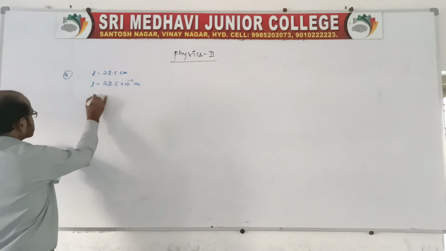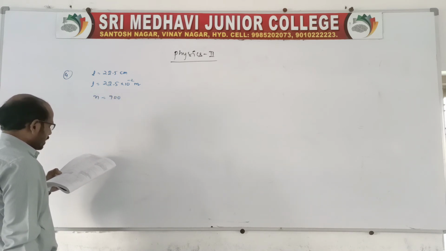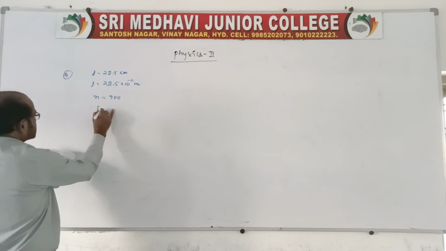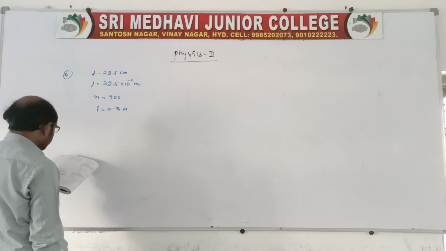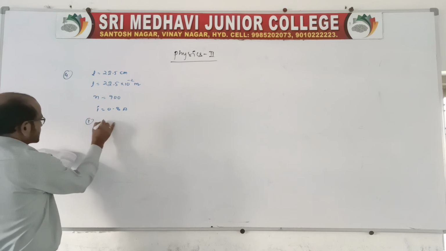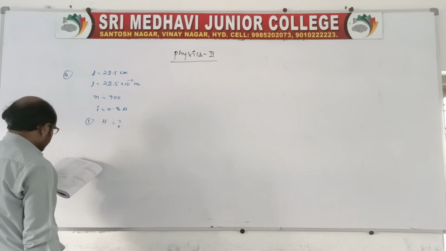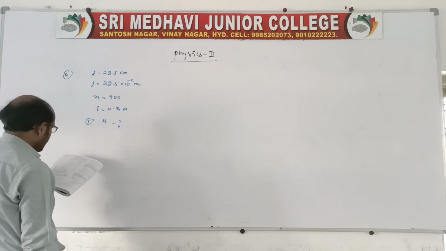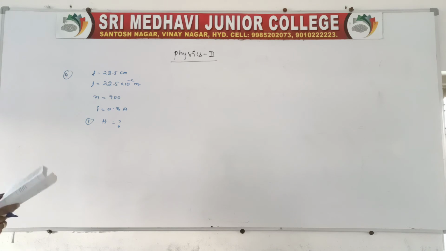Total turns N is equal to 900 turns, and it carries a current of 0.8 ampere, right? What is the magnetizing field? The first question is asking capital H near the center and far away from the end of the solenoid. It asks for capital H when very close, and one more far away.